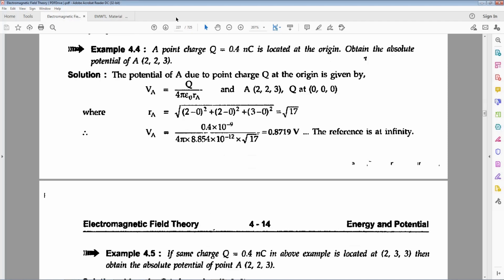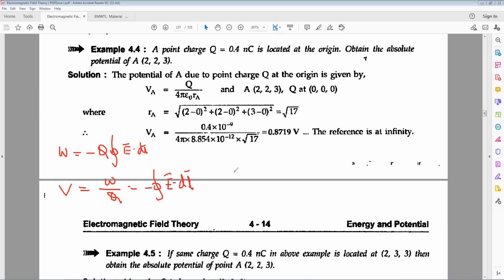See, what is the relation between work done and the potential? Work done is equal to, we have the formula, integral E bar dot dl bar, as we did in the three examples. The potential V is equal to work done per unit charge, that is equal to minus integral E bar dot dl bar, which is the formula for the potential.